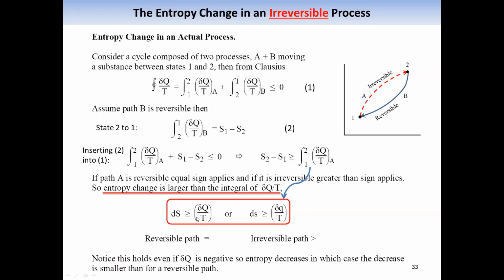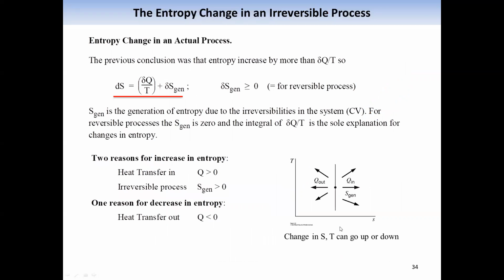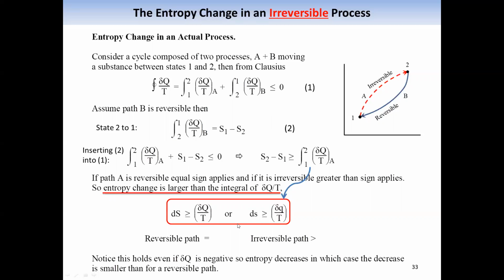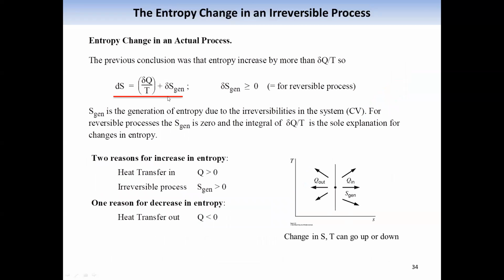This expression can also be expressed in specific entropy change format. And if we would like to replace this inequality sign with an equal sign, we see the difference between the two terms has to be a term greater than or equal to 0.